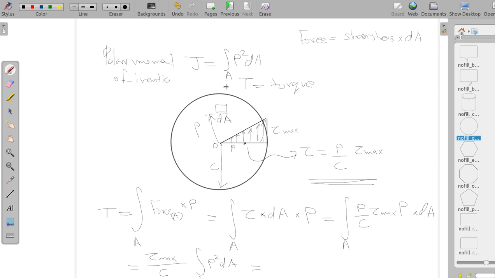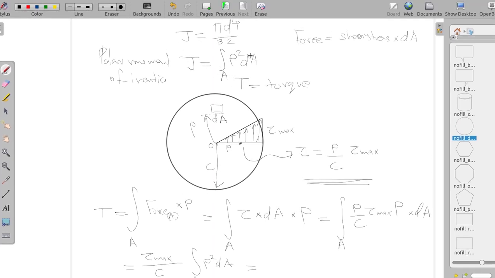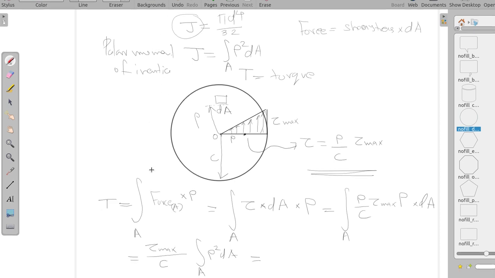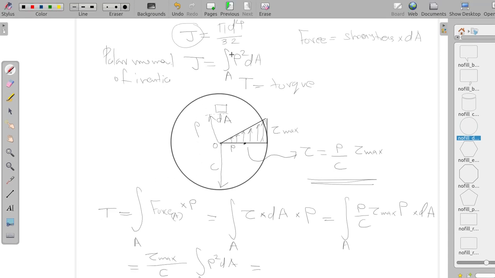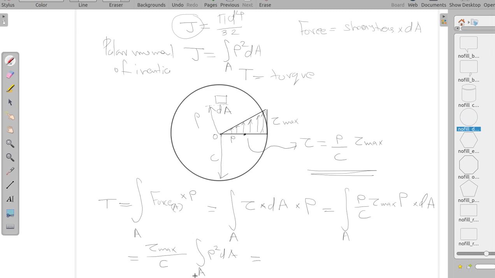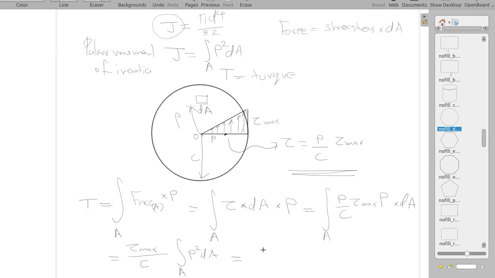For a circle, what is the formula for polar moment of inertia? J is equal to pi d raised to 4 by 32, if you remember it from your previous semesters or classes. However, we will use J for polar moment of inertia. So this quantity is called polar moment of inertia, that is tau max into J divided by C.